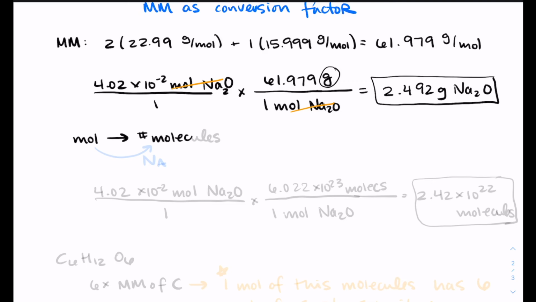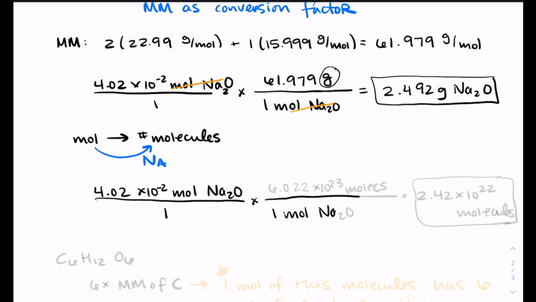The next thing that we were asked to calculate is the number of molecules. So in a 1 mole sample, how many molecules are there? Well, how many atoms, how many molecules, that's always a relationship with Avogadro's number, because that is the specific number that relates to 1 mole.